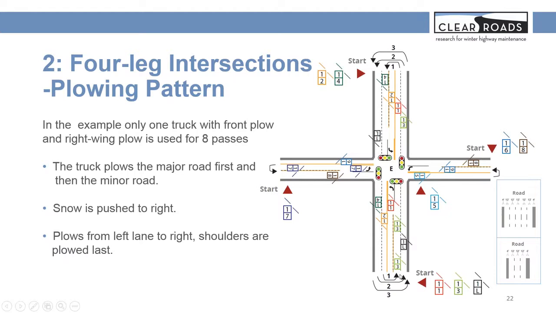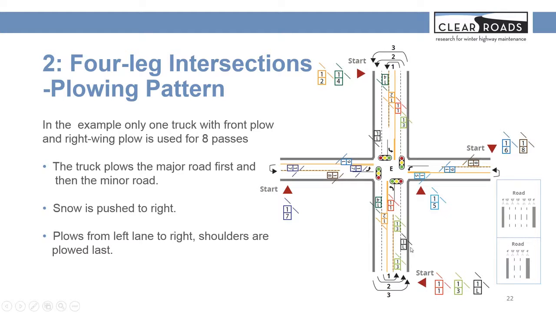And it turns around, starts pass number 3 to clear the middle through lane and goes across the intersection, and then shifts to the right to clear the right lane. When it reaches the end, it turns around and starts the number 4 pass to plow the middle lane, crosses the intersection and shifts to the right to clear the right lane.